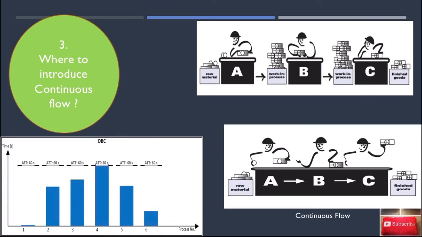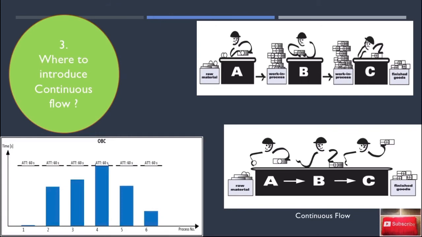However, you cannot combine every process to make a continuous process. For example, you have 6 processes with different cycle times. Here you cannot combine all the processes 1 to 6, because process 1 has a very low cycle time, while the other processes are almost near the takt time.